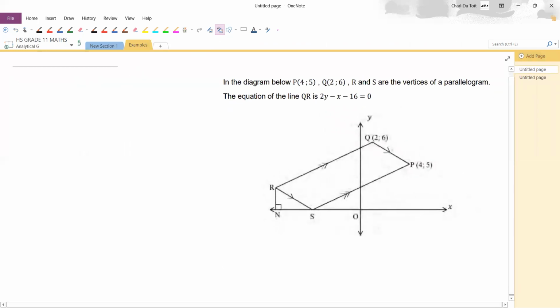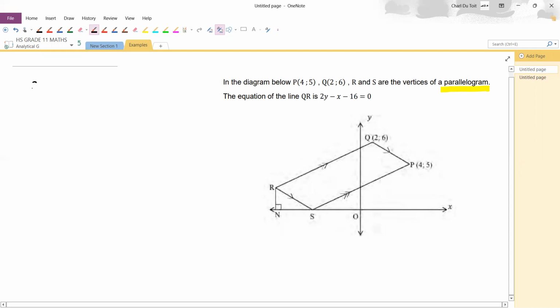Okay, take a pen and a paper and quickly make that drawing. And also fill in the values. And then maybe just highlight this. Okay, so RSPQ is a parallelogram, basically. They don't have to tell you that. You can see that on the drawing. And then the equation of the line QR is 2y.